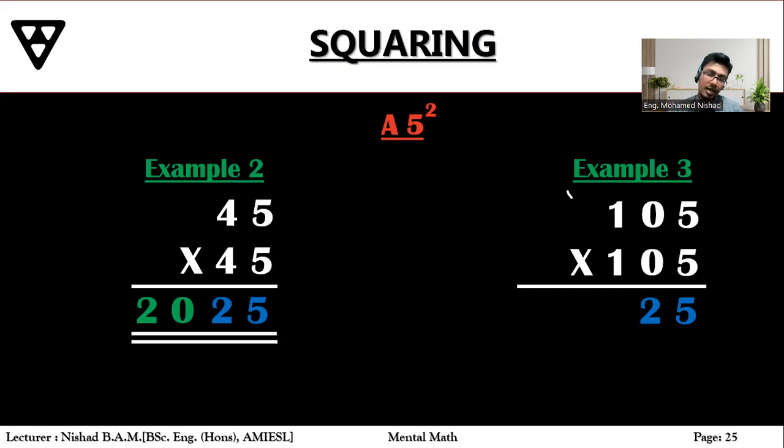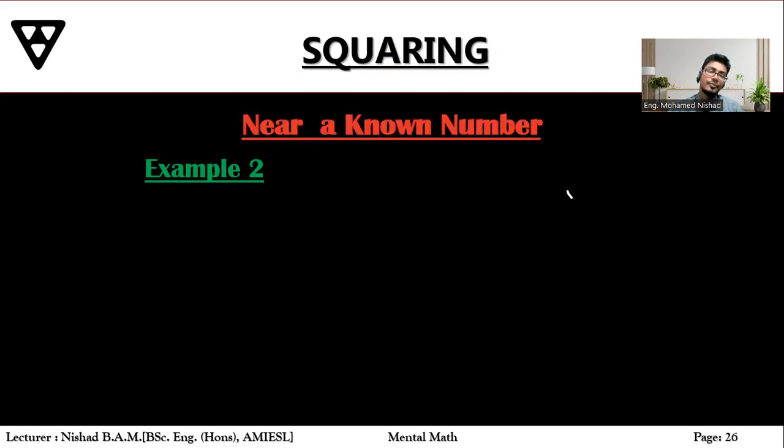And then we have the 10 over here, and on that 10, we have to add 1. So then it will be 11. 11 times 10, it will be 110. Therefore, the answer is 11,025. So that is how we find squaring over here.